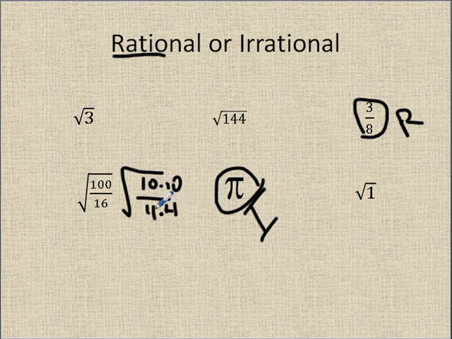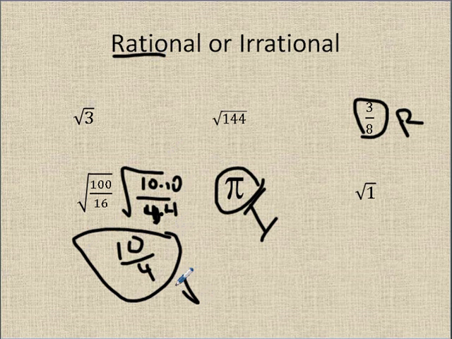I see I have two 10s and two 4s. I know I can rewrite this one as 10 over 4. I'm not asking you to simplify it or anything at this point. So is this rational or irrational? It can be written as a fraction. It can be written as a ratio then. So it is a rational number.